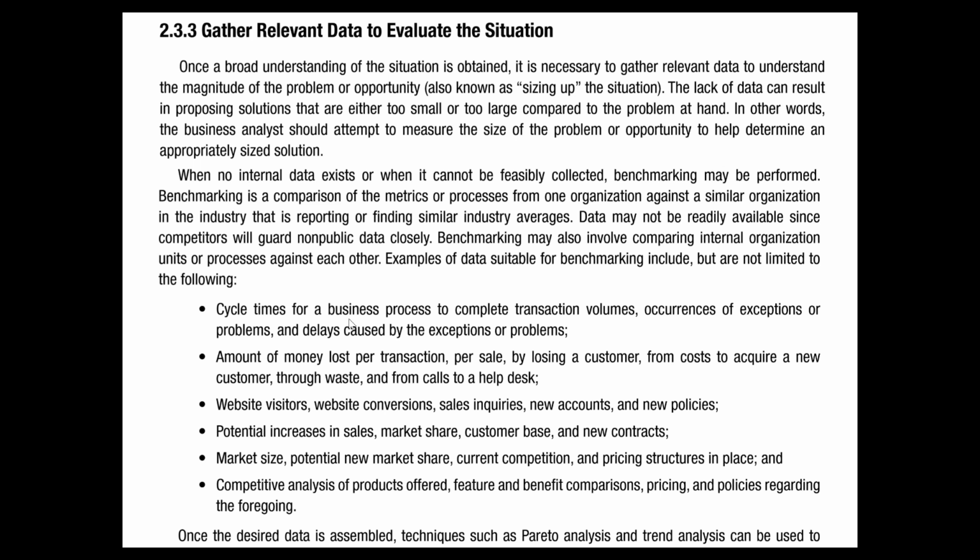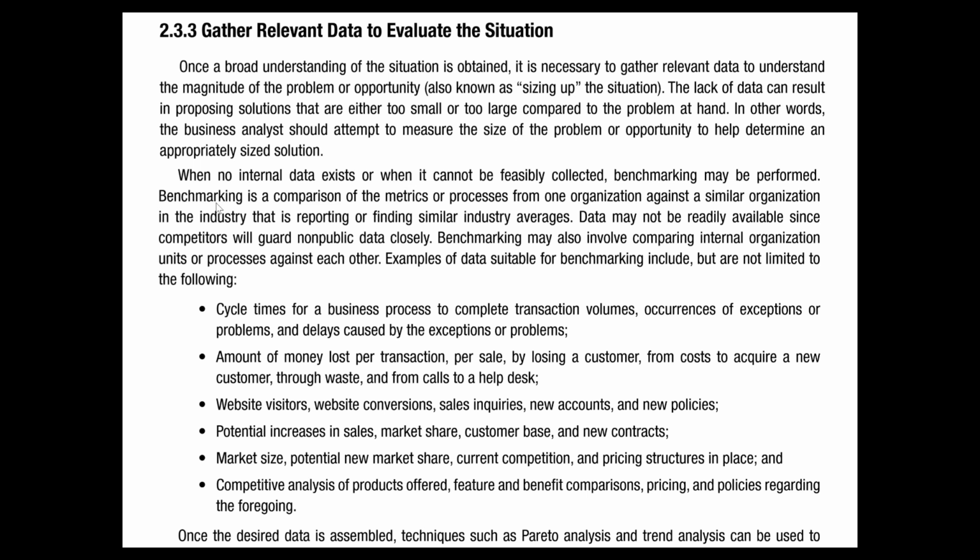Yes, wonderful. So we were talking about when no internal data exists, we do not have any data, and it is not feasible to collect any data at this stage, then probably you can compare yourself through benchmarking with your competitors.